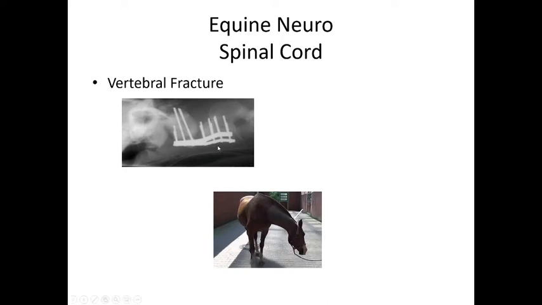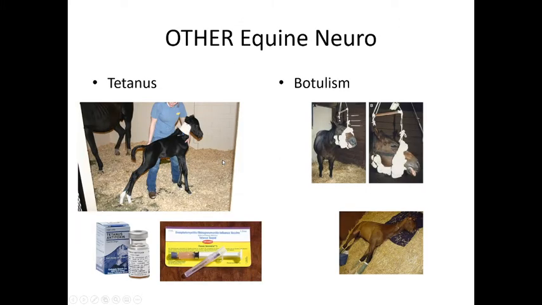Again, horses are not always the calmest animals, so with a vertebral fracture, they swing their head against a stall or a post or something like that, and they could get a fracture of the neck, and that can be fixed surgically. Tetanus, this is a core vaccine. The Clostridium tetani is a bacteria that lives in this environment. It is everywhere.